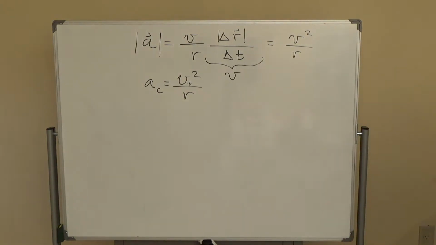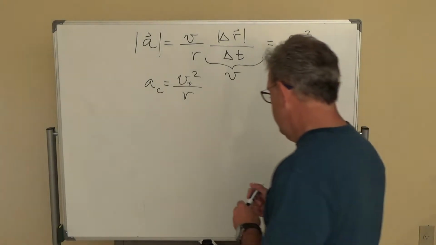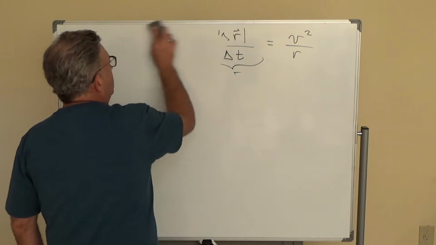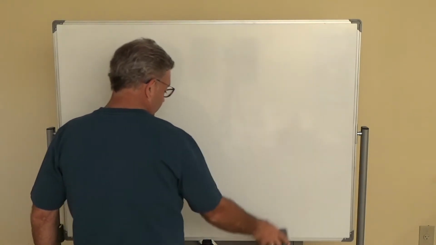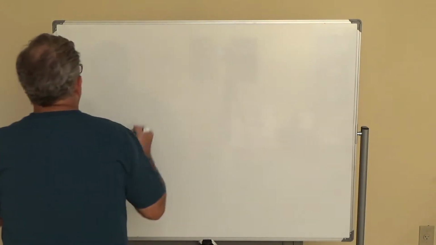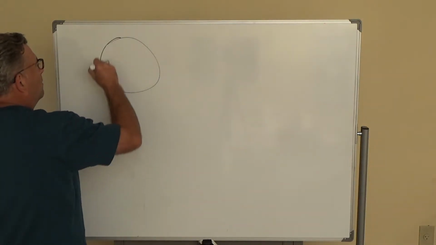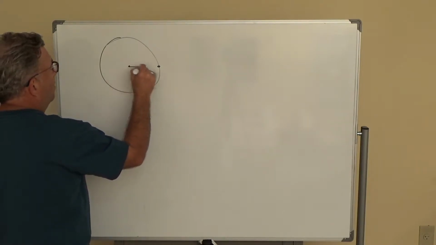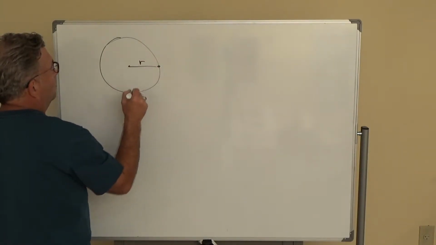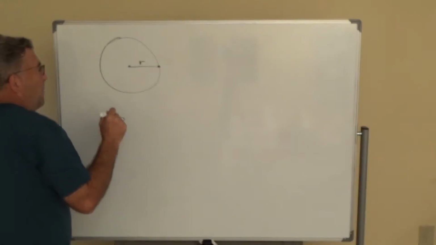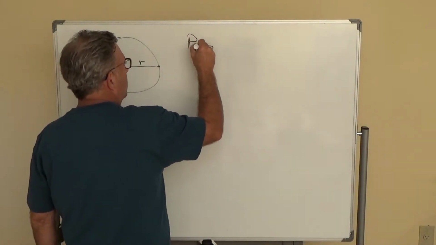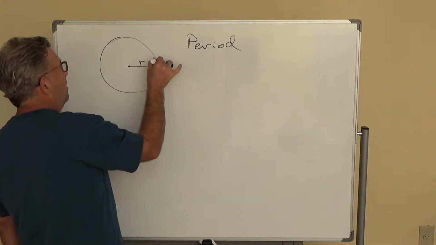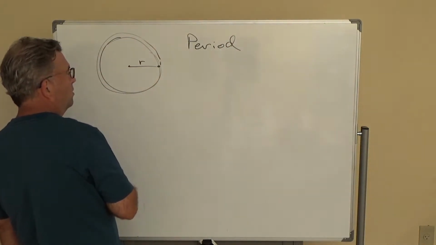Now, for an object moving in a circle of radius r, the period is the time it takes for the object to make one revolution.